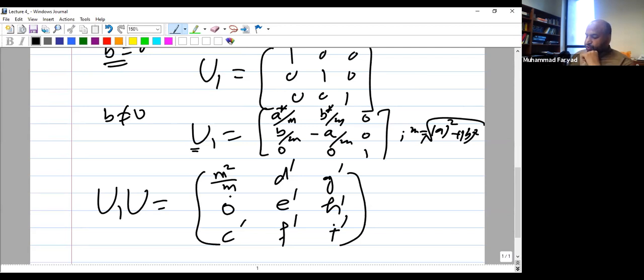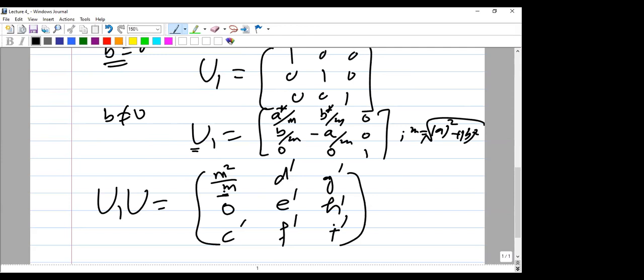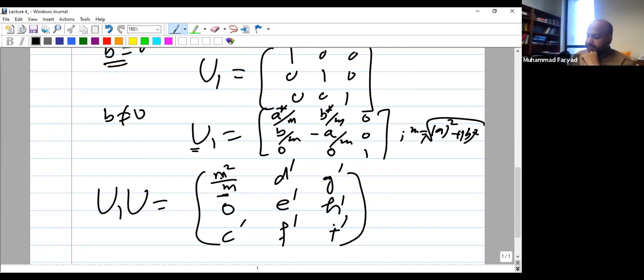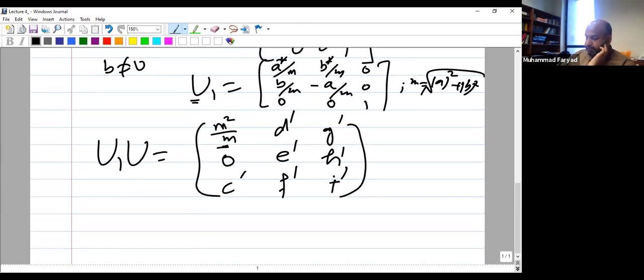Okay, the key to note is that the number over here is a real number, because of the way these elements work. This was A mod square plus B mod square divided by a real number, so this is ultimately a real number. Now, to make this C prime 0: if C prime is 0, I can take the identity as another unitary matrix.